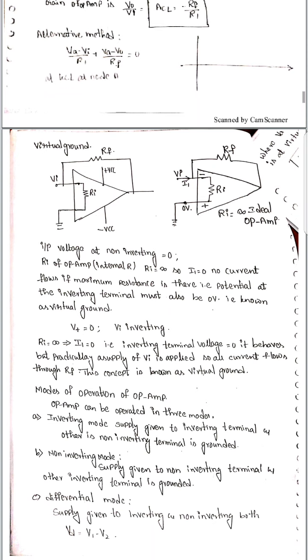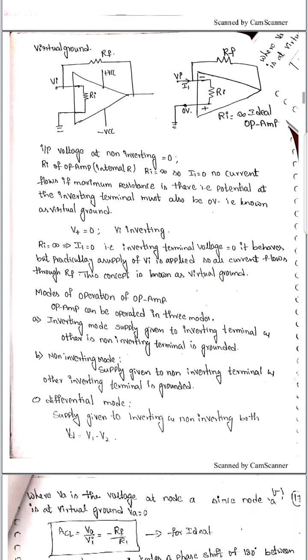Input voltage at the non-inverting terminal is equal to 0. The op amp internal Ri is equal to infinity, so I1 is equal to 0. No current flows. Since the resistance is maximum, the potential at the inverting terminal must also be 0 volts, that is known as virtual ground.